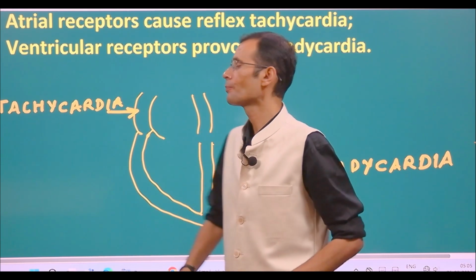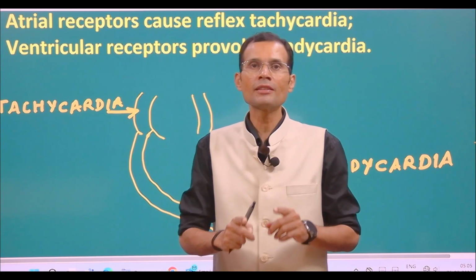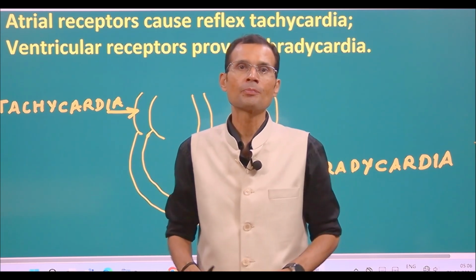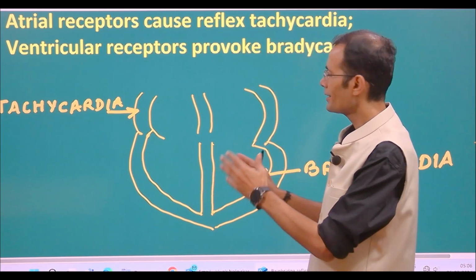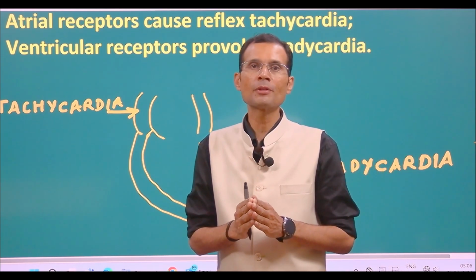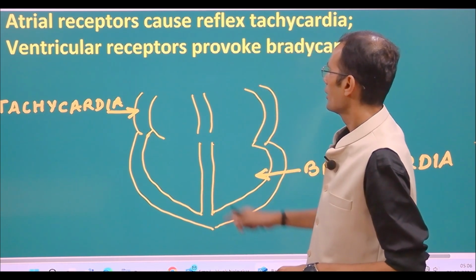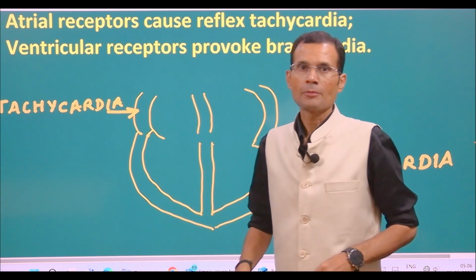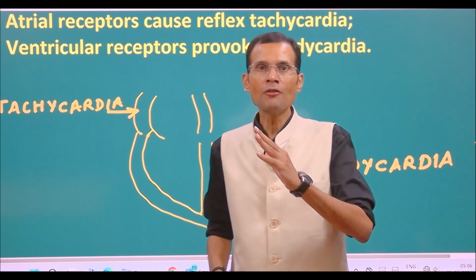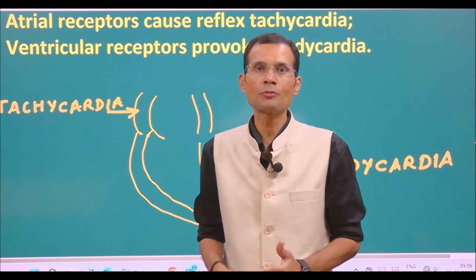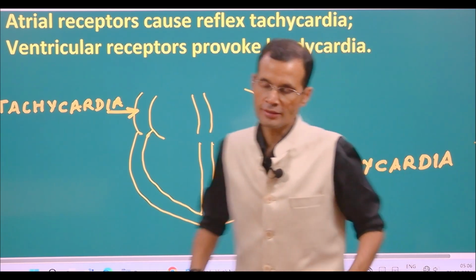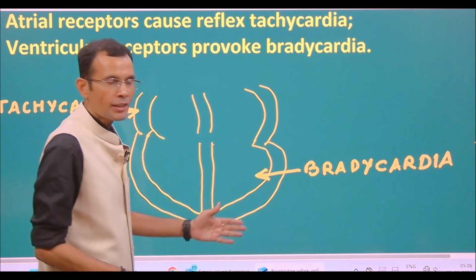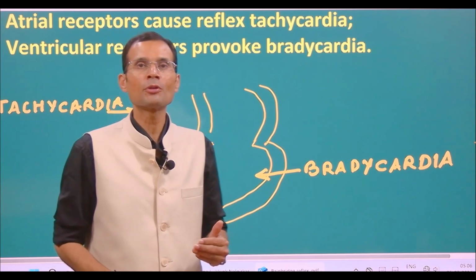We are going to discuss these reflexes separately, but for now, let's compare and understand the difference between these two reflexes. Atria mainly have mechanosensitive receptors, which are stimulated in the Bainbridge reflex. Ventricles have chemosensitive receptors.